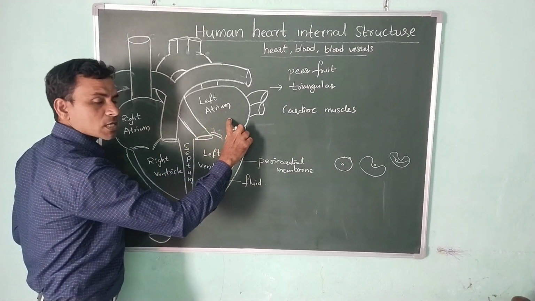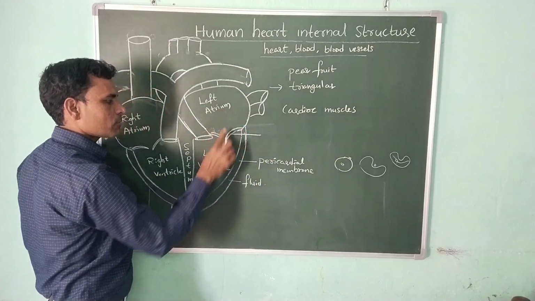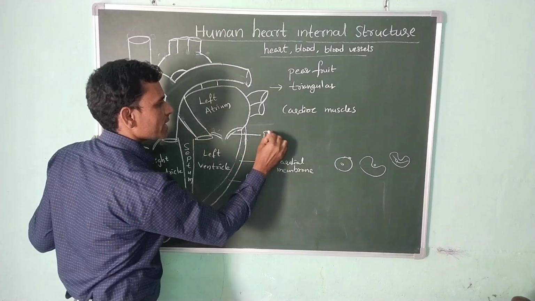These chambers are separated by valves. The left atrium and left ventricle are separated by a valve called the bicuspid valve.